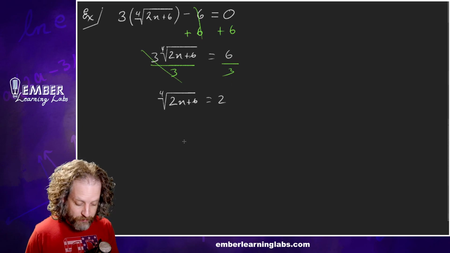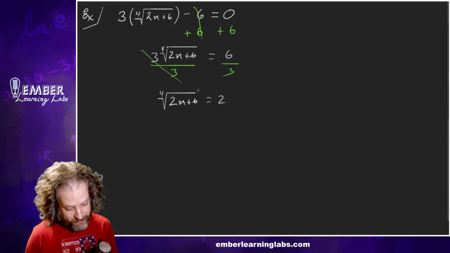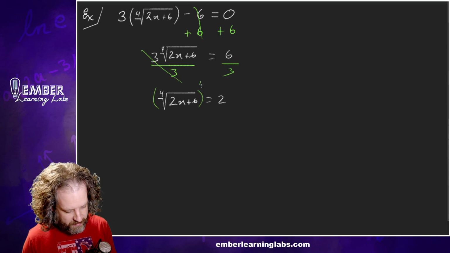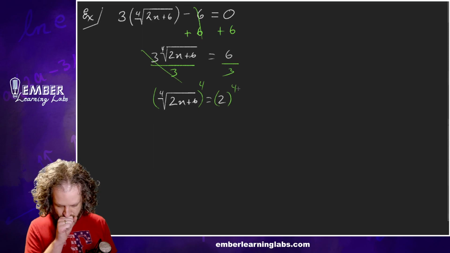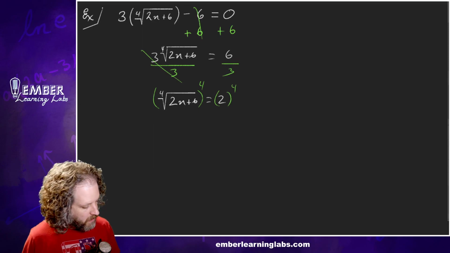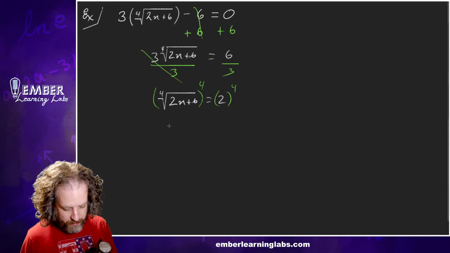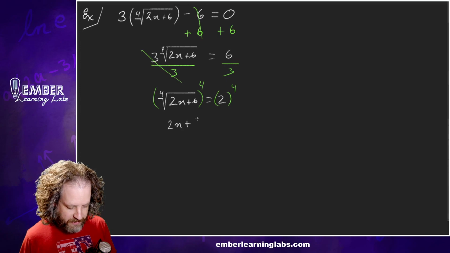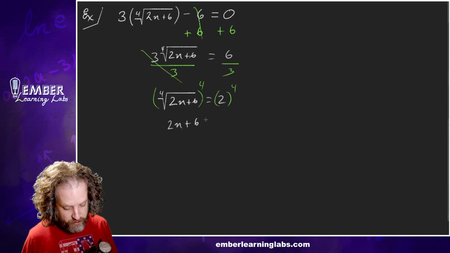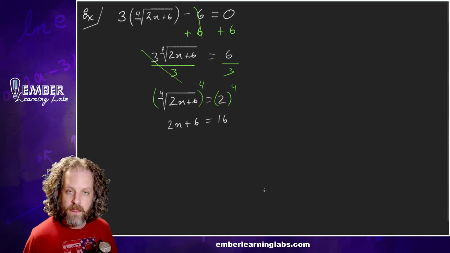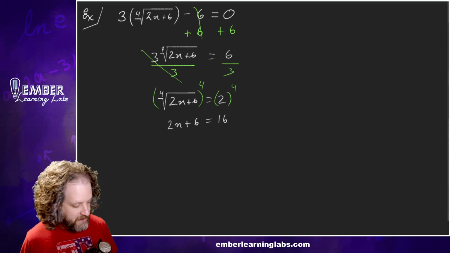How do we get rid of the 4th root? Well, we raise it to the 4th. Easy peasy. Raise it to the 4th. So we end up with 2n plus 6 on the left side. 2 to the 4th is 16. Right? So how do we get rid of the 6?